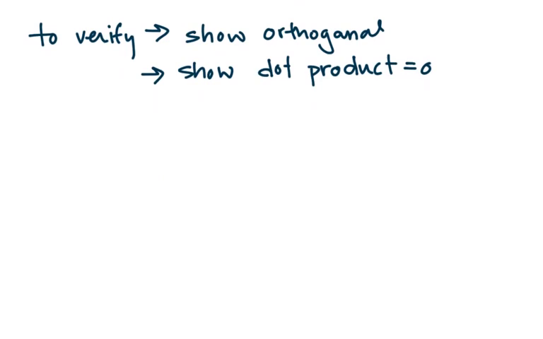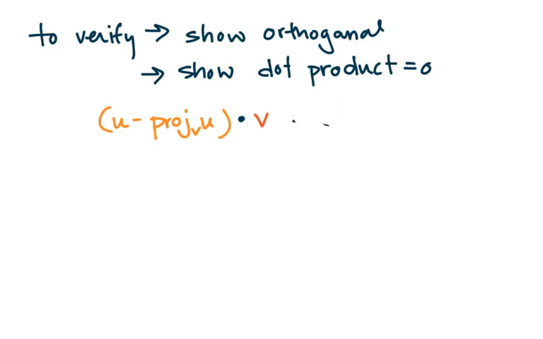So if we want to show these two vectors are orthogonal, we need to show that u minus the projection of u onto v, dot v, is equal to 0. We want to show this is equal to 0.